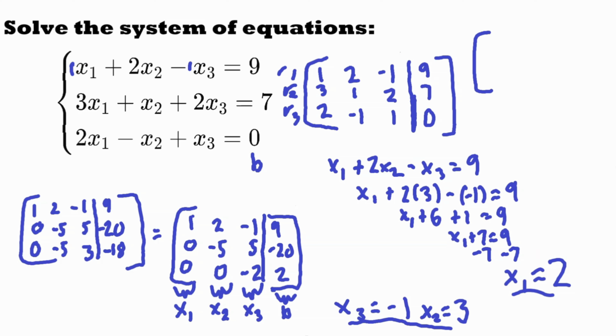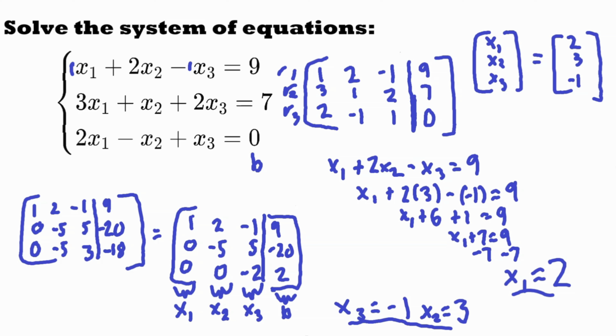Let's draw brackets, and then write x1, x2, x3, each getting their own row, and then write it equal to the actual values of x1, x2, and x3. So x1 is 2, x2 is 3, and x3 is negative 1. Okay, hopefully I didn't mix that up.